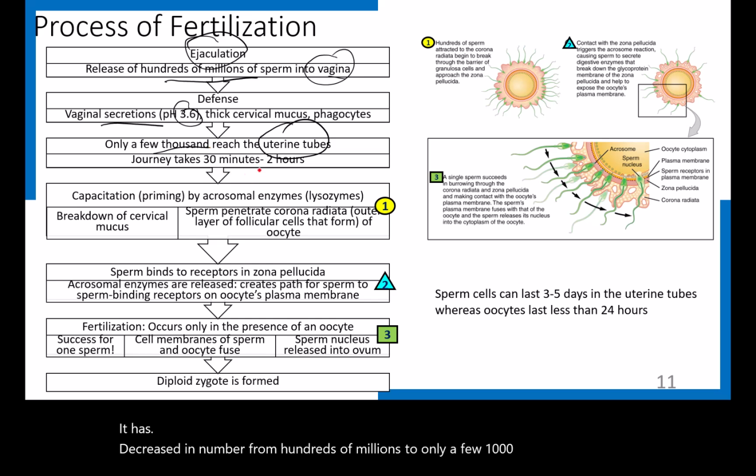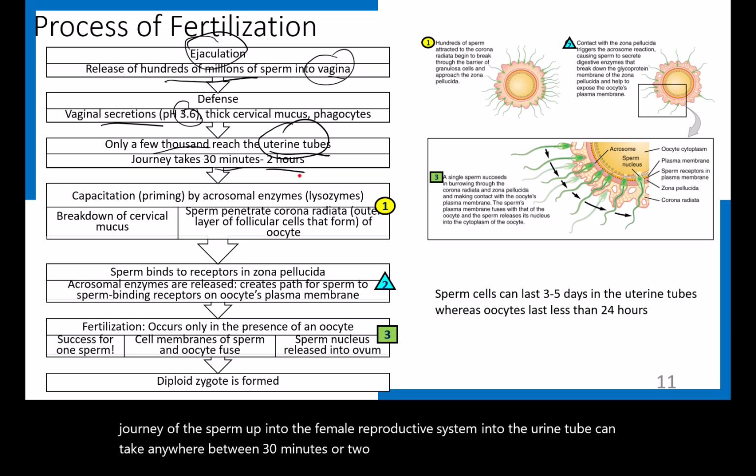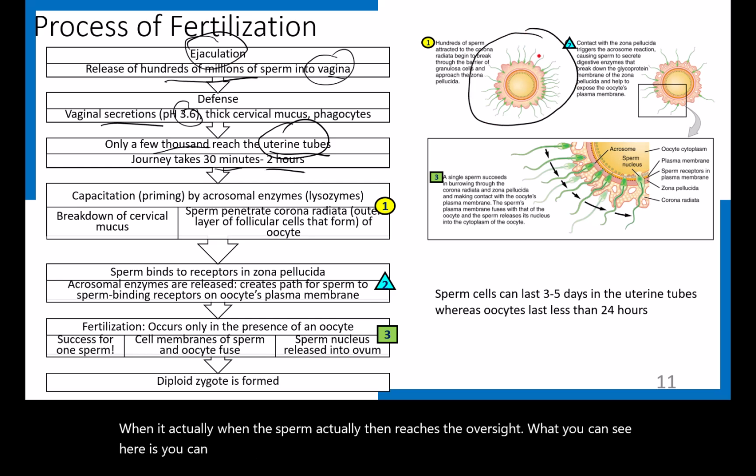And this journey of the sperm up into the female reproductive system, into the uterine tube, can take anywhere between 30 minutes and 2 hours. When the sperm actually reaches the oocyte, you can see hundreds of sperm right here in the green being attracted to the corona radiata of the oocyte.